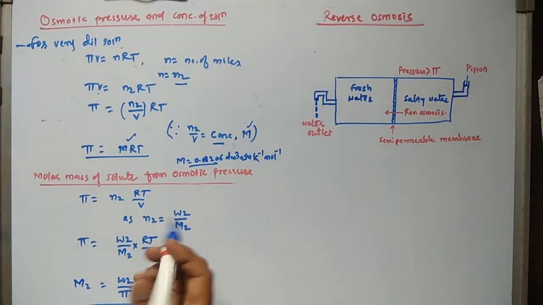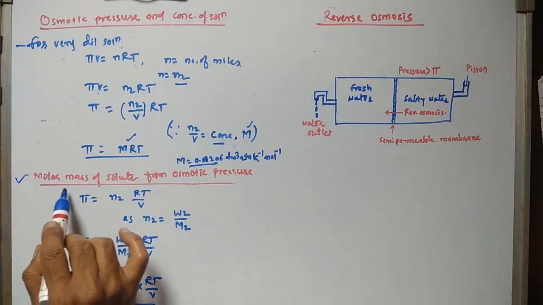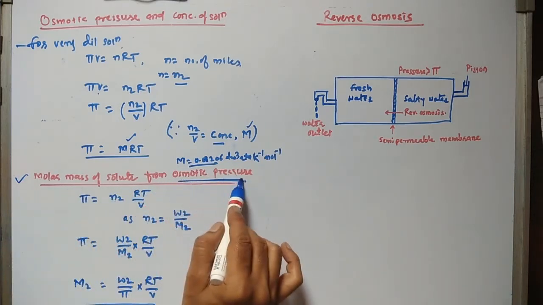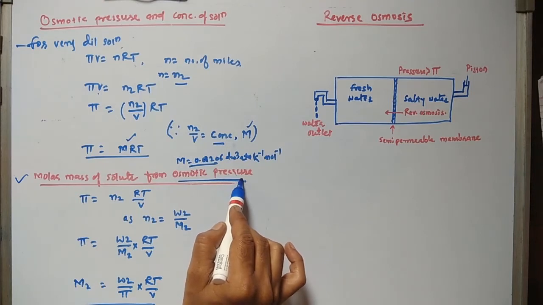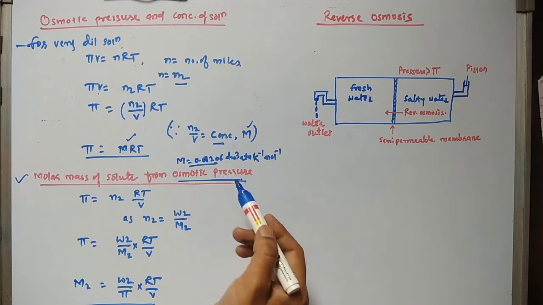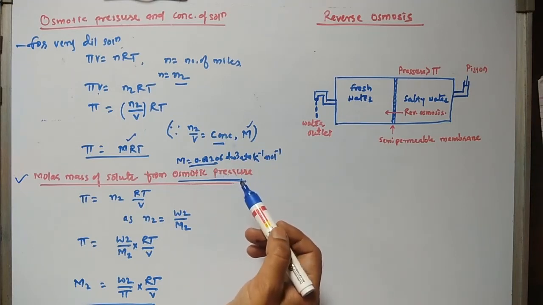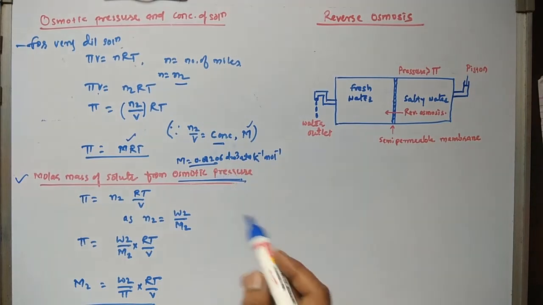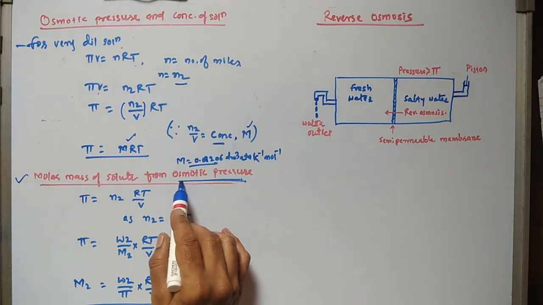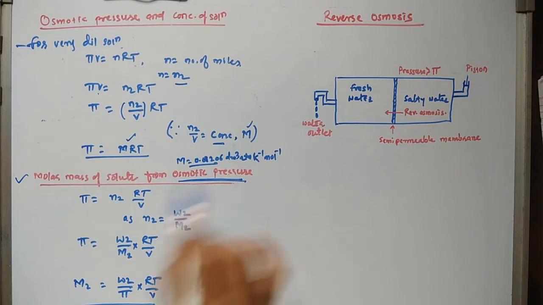Now the next concept: molar mass of the solute from osmotic pressure. As osmotic pressure is a colligative property, like elevation in boiling point and depression in freezing point, we can calculate the molecular mass of the solute from the osmotic pressure.